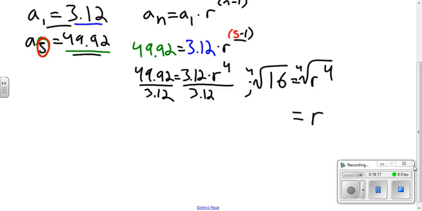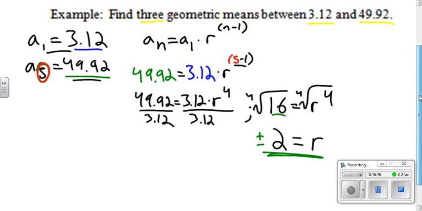This side should come out to r, because anything to the 4th power then the 4th root just gets us our r value. But when you punch the 4th root of 16 into your calculator, it'll probably just give you 2. But we know it's positive or negative 2, because negative 2 to the 4th power would also give you 16. So our r could be positive 2 or negative 2. That's very important to keep in mind.